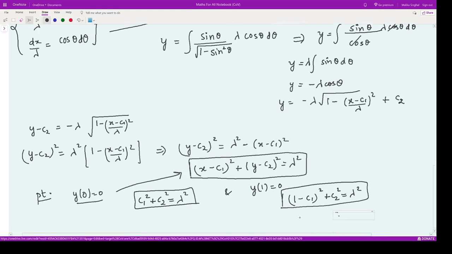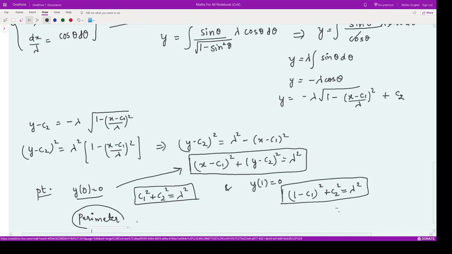So we know it is a circle, so we can either use the functional form to evaluate the parameter lambda, or we can simply say that the perimeter of the circle is 2 pi times the radius.